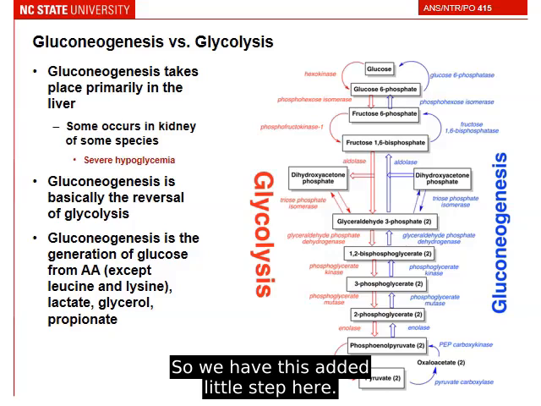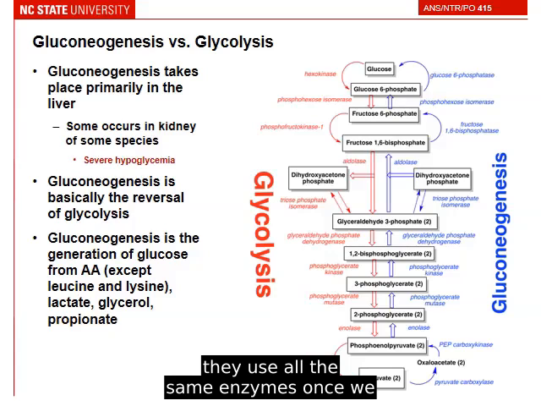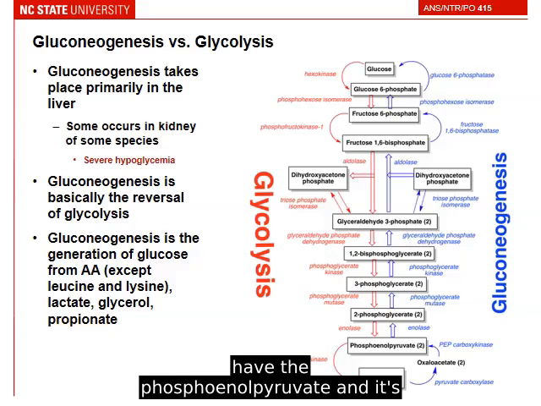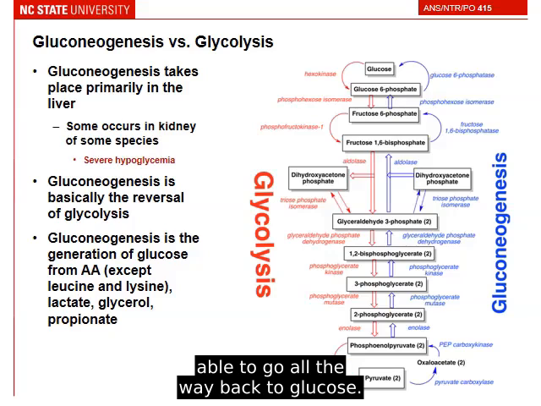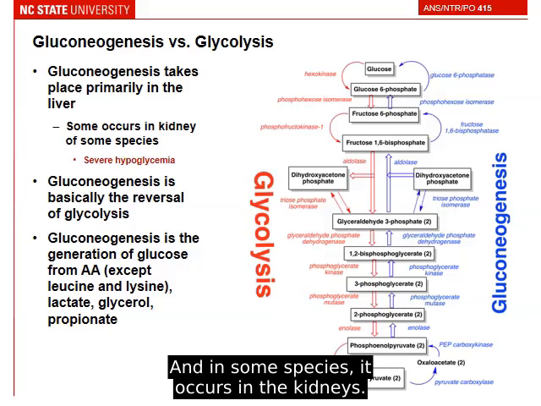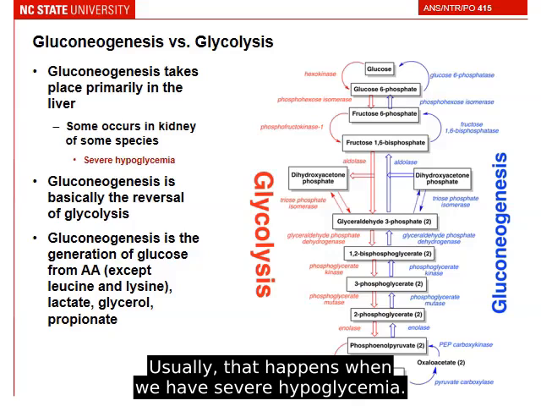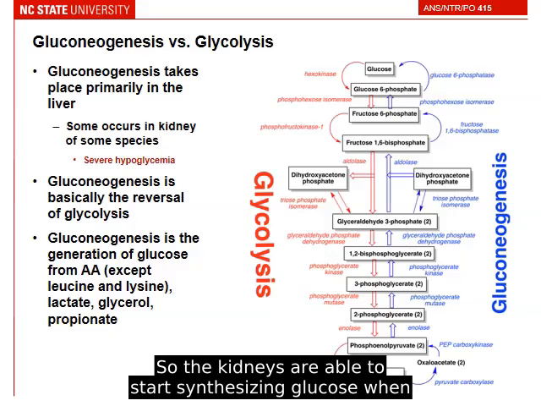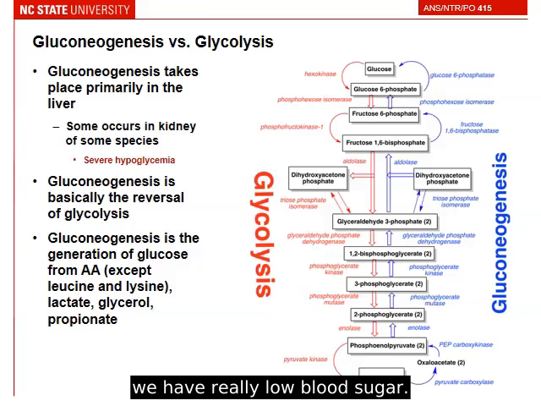So we have this added little step here, but outside of that, they use all the same enzymes once we have the phosphoenolpyruvate, and it's able to go all the way back to glucose. Gluconeogenesis takes place primarily in the liver, and in some species it occurs in the kidneys. Usually that happens when we have severe hypoglycemia, so the kidneys are able to start synthesizing glucose when we have really low blood sugar.